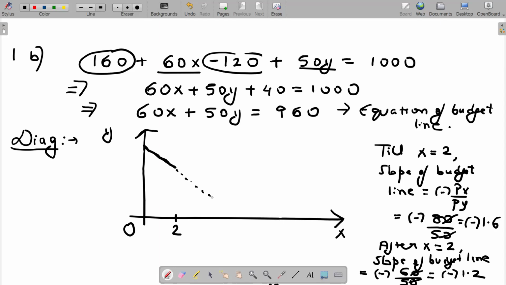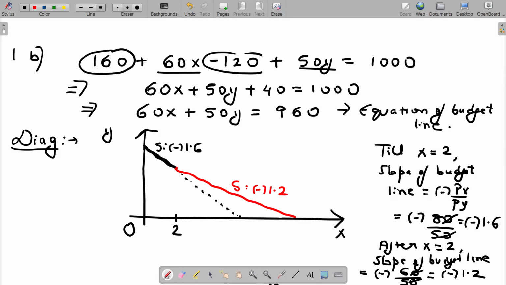So although it would continue like this, it would be flatter than this. So somewhat like this. So the slope here will be negative 1.2. The slope here is going to be negative 1.6.